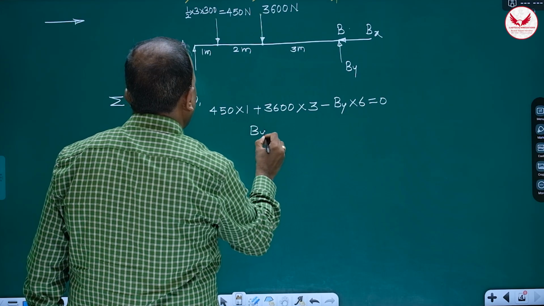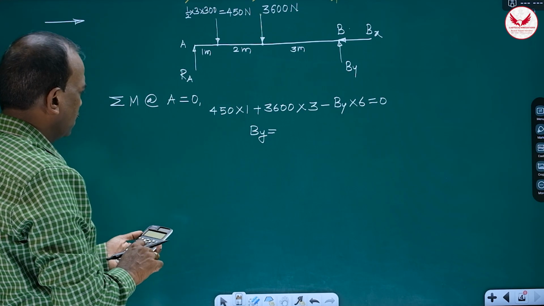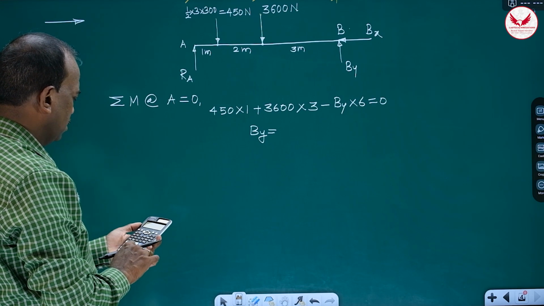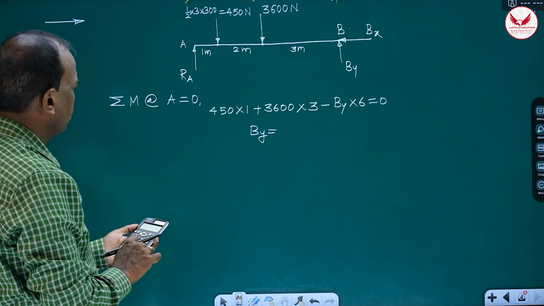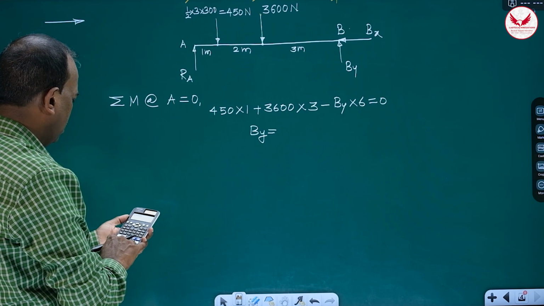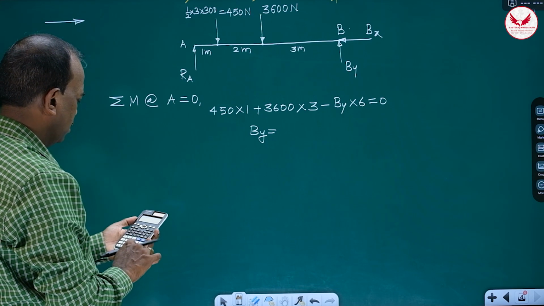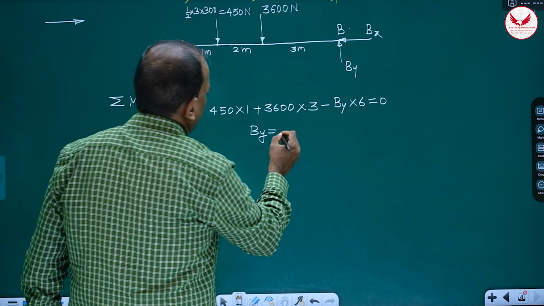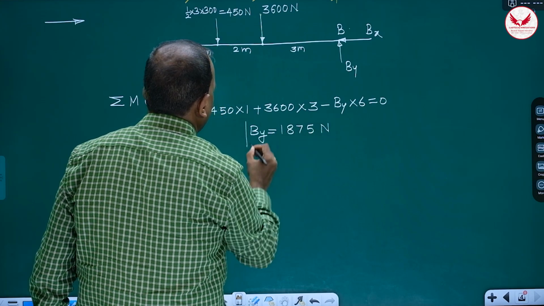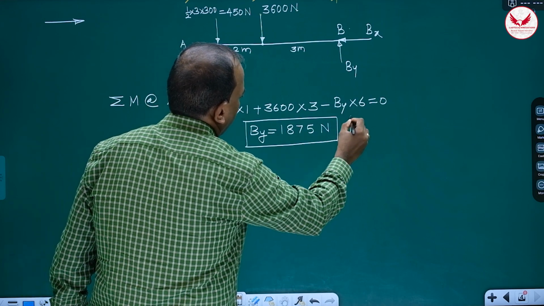We'll get By. So it is 3600 into 3 plus 450 into 1, means 450 only, divided by 6. By is going to be 1875 Newton. 3 unknowns, 3 conditions we are using. So it is going to be upward.